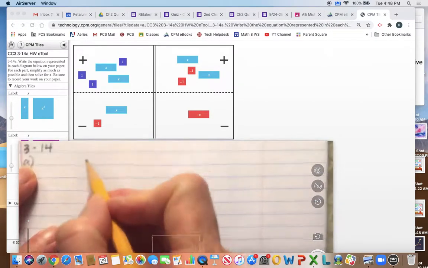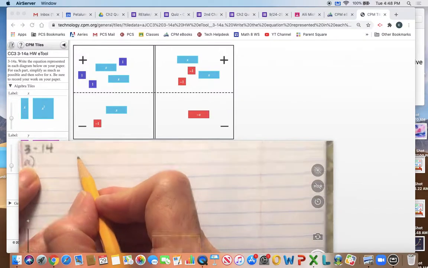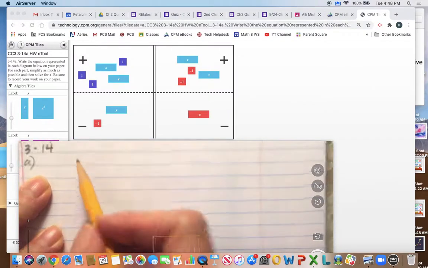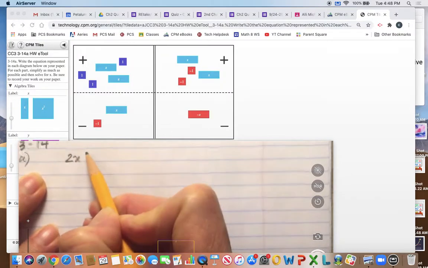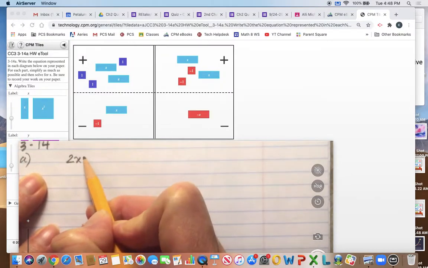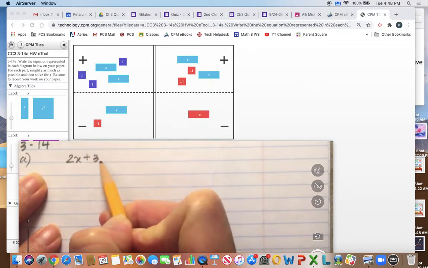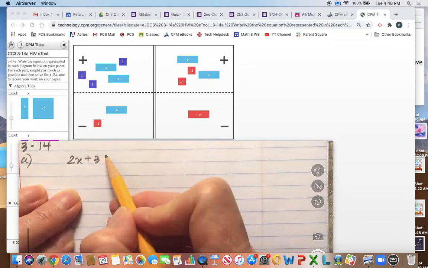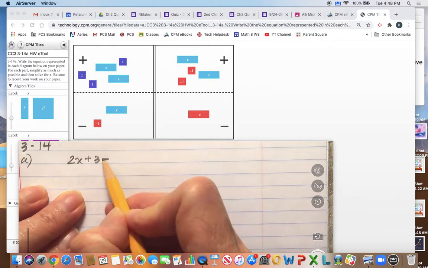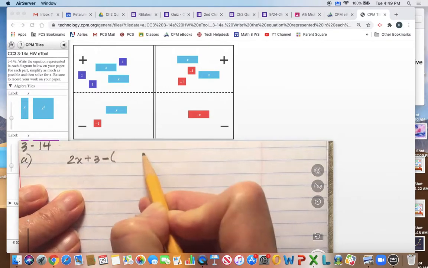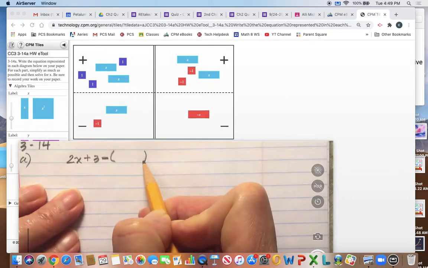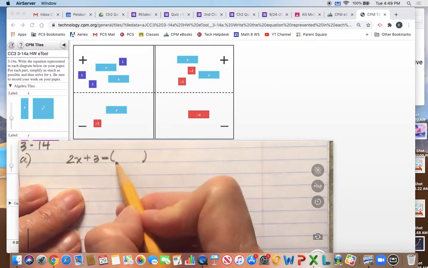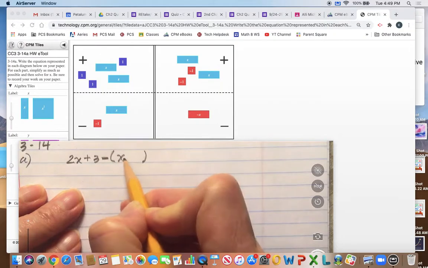Okay, so let's see. The first one up on top, I can see I've got two positive x tiles. So I'll write 2x. And then I have 3 positive 1 tiles. So that's 3. And then I have the negative area below, which I will show in an equation by making a negative sign and parentheses. And I have a positive x inside that negative area.